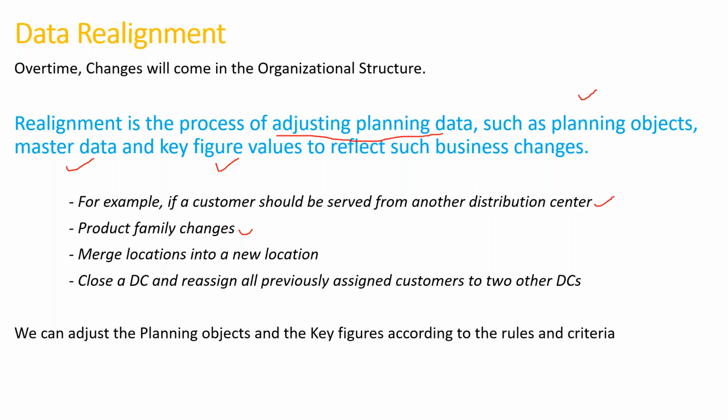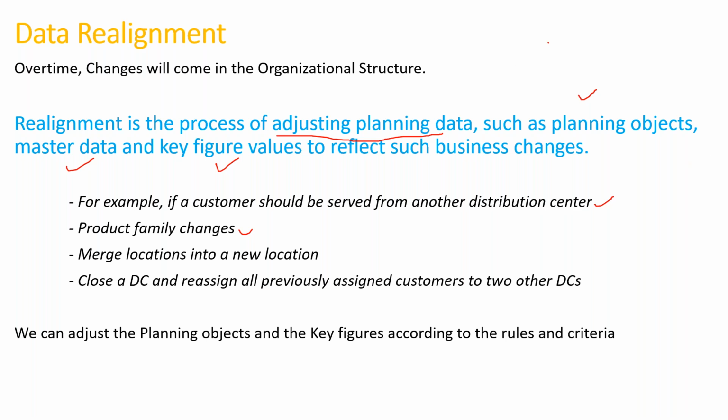Maybe you were reporting demand values at a smartwatch level, or seeing your production at a digital watch level. But once next gen watches is introduced, you want to view all your previous data, even historical data, at the next gen watch level as a data point. Everything has to change, and for that we use data realignment.